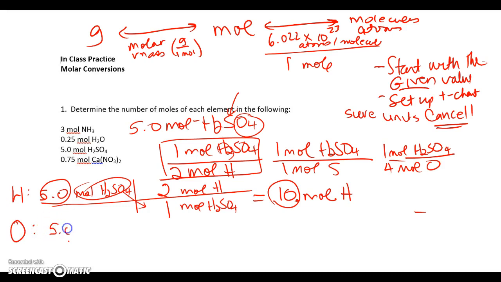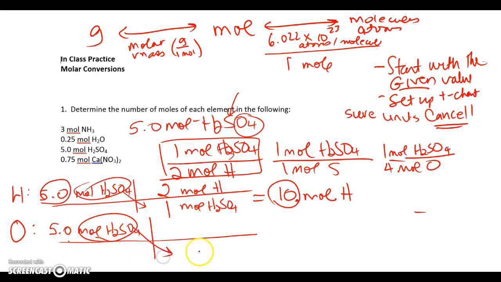Okay, we're starting with 5.0 moles of sulfuric acid. That's my given. Set up my T-chart and get my units to cancel. For this unit to cancel, it's got to come down to the denominator, doesn't it? H2SO4. And I want to get to moles of oxygen.